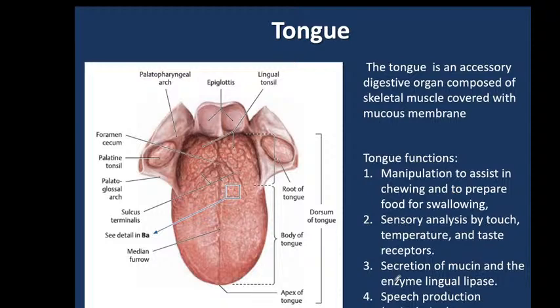Okay, the next organ is the tongue. The tongue is an accessory digestive organ, and it is combined from skeletal muscles and mucous membrane. What kind of function does the tongue have?